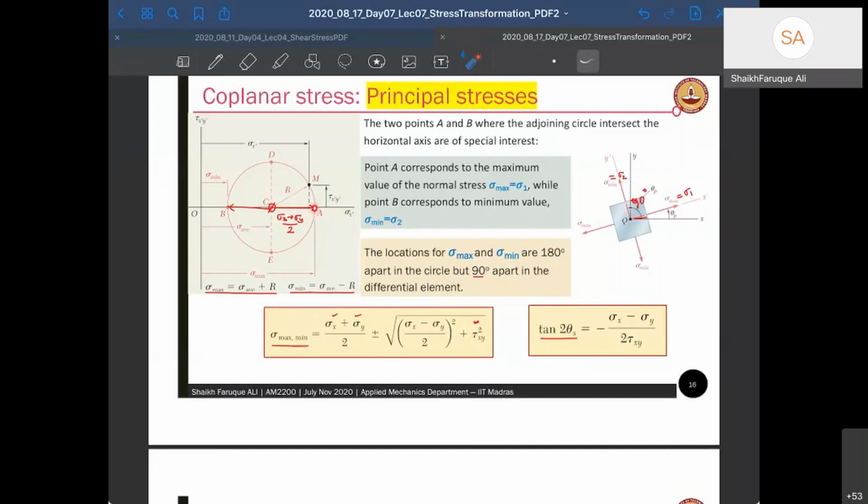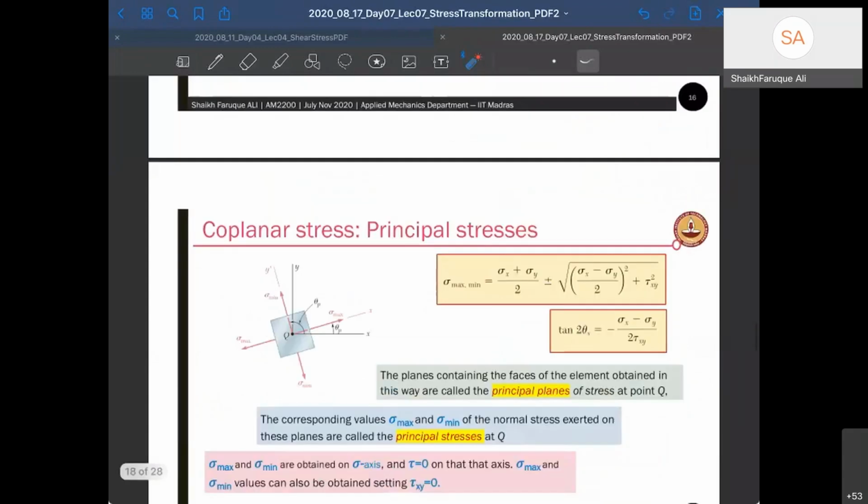This is your maximum principal normal stress. This is the minimum principal normal stress. So sigma max and sigma min are given by (sigma x plus sigma y) by 2 plus or minus the radius. All right. So you can find that, and the orientation angle is given by this formula.